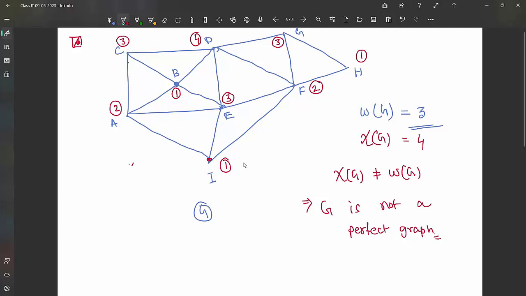Is it clear? Tell me. Yes, sir. Yes, sir. That's the concept of coloring and some of the topic. Just take one homework problem and find the chromatic number of the following graph.